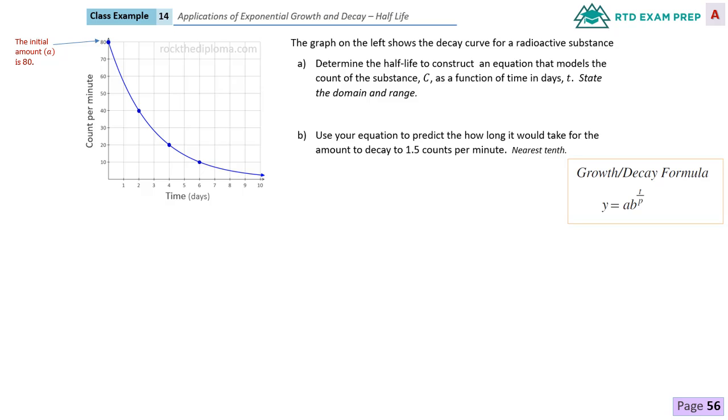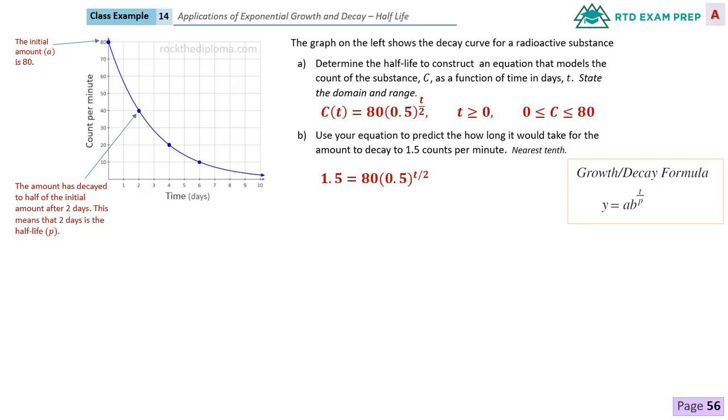What is important is we start at a quantity of 80. 2 days later, our quantity has diminished to 40. 40 is half of 80, so we can determine that 2 days is the half-life of this radioactive substance. In our formula, this allows us to do 3 things. Replace the initial value of A with 80, the B value with 0.5 or 1/2, and the P value with 2.